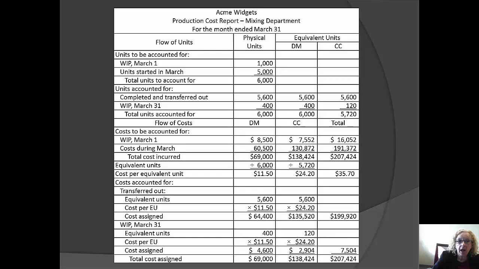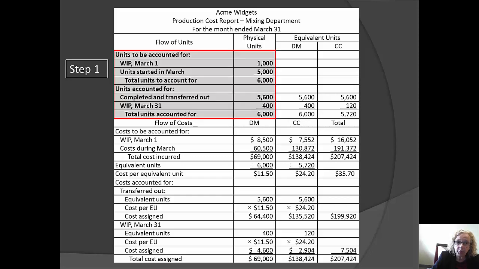This is an example of a production cost report for the problem that we just finished analyzing. It looks very intimidating, but it's really exactly the 5 steps that we went through. Let me show you.